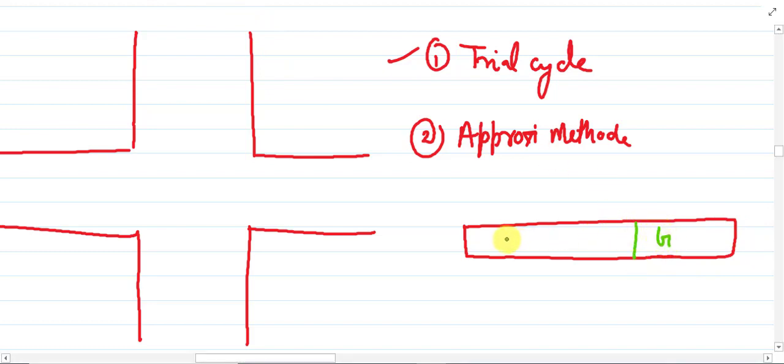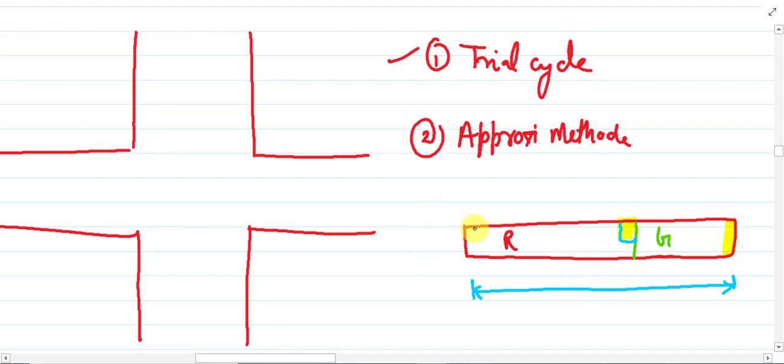This is your green, this portion represents red, and some of the amount is red and clearance. So in this figure you can clearly see that the amount of time to complete this one procedure is known as your cycle length.